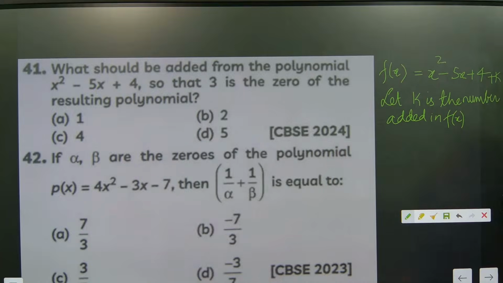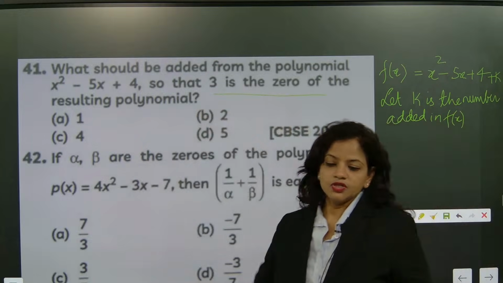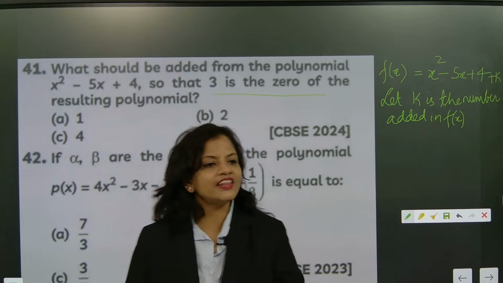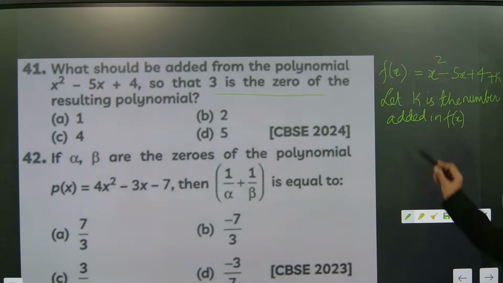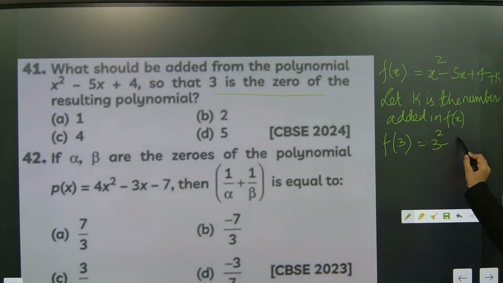Now what is the zero? 3. If 3 is the zero, it will satisfy the polynomial. So f of 3 is equal to 3 square minus 5 into 3 plus 4 plus k, and we make it equal to 0.